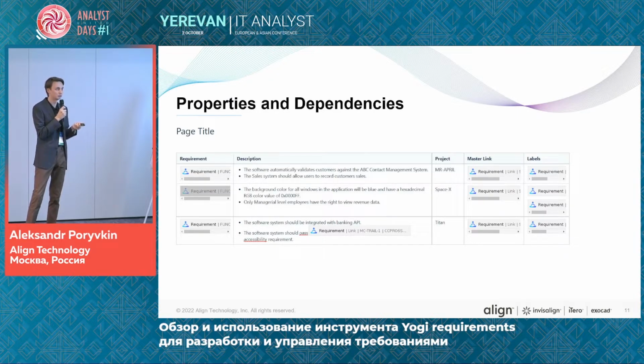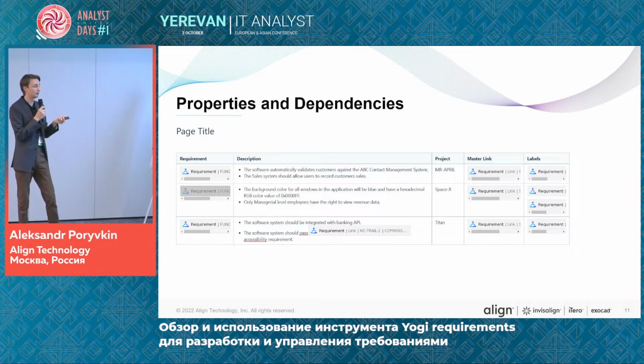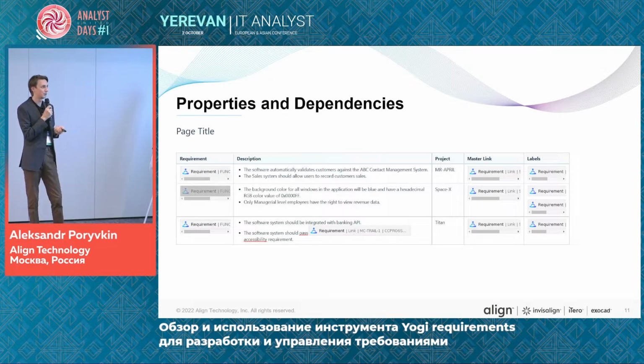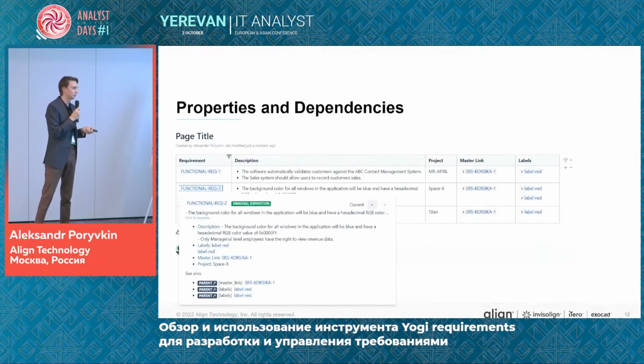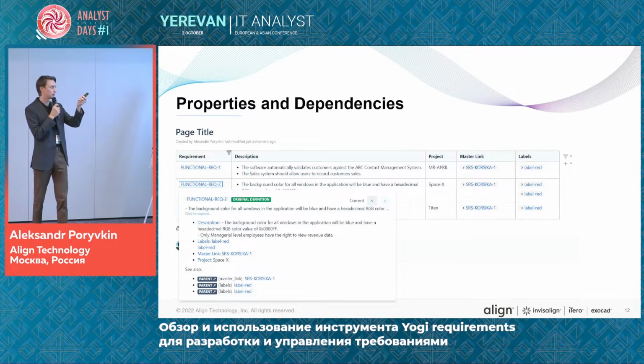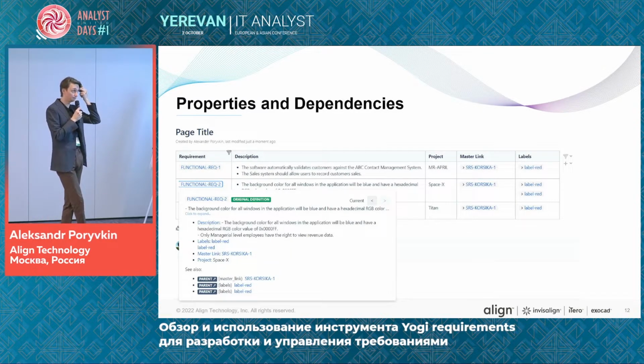I added three more columns, three different properties. One of them is project, another is some special connection with other requirements, and labels. Once committed, this is how it looks. All requirement markers that are not definitions but links have some sort of arrow in the icon.